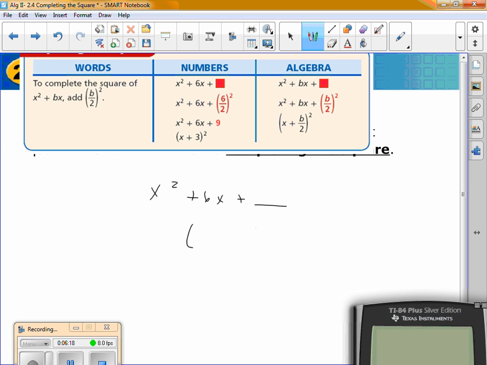Now, if I factored it, how do you get this number? How did you get x? You took the square root to go that way, right? Now, I don't have this number here, and I don't have this number here, but I do have this middle term. How do you find the middle term normally?